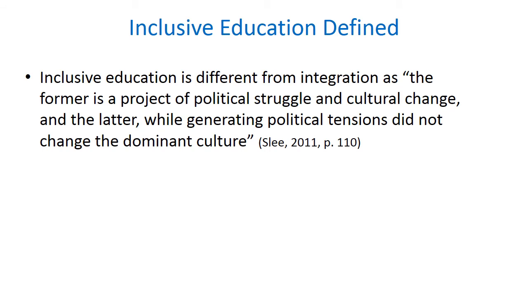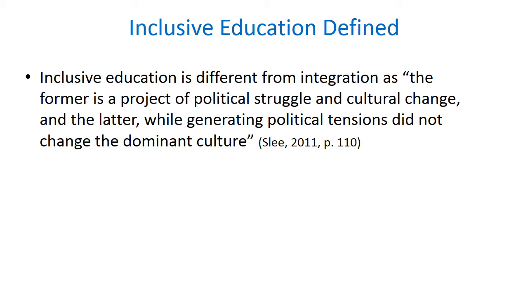When we think about inclusive education, there is quite a lot of writing in this area where people are thinking about it in terms of the sociology of it, and there are some references that would be worth pursuing if you're interested in considering this area.